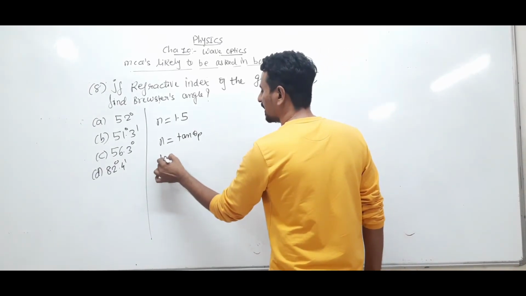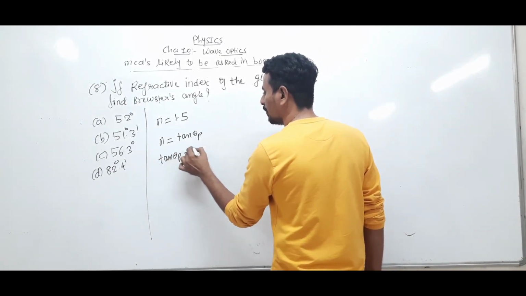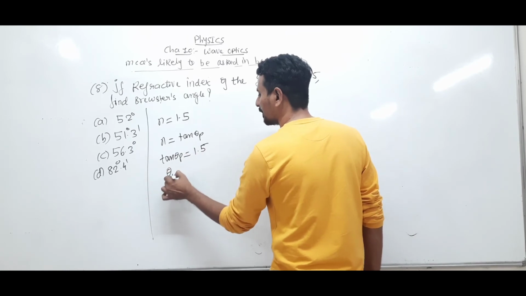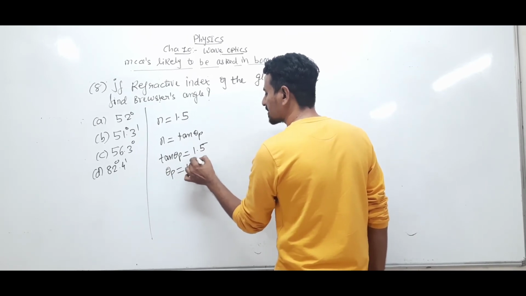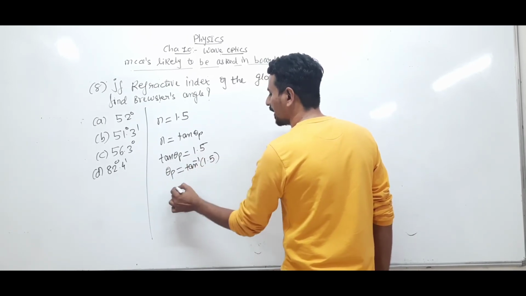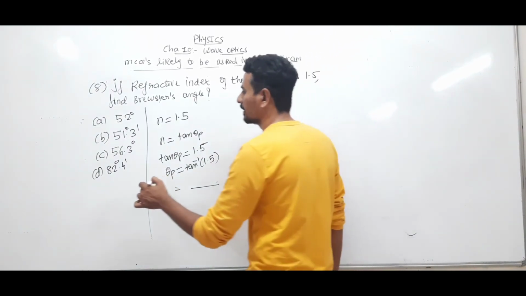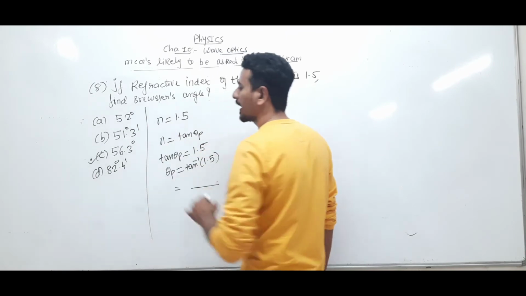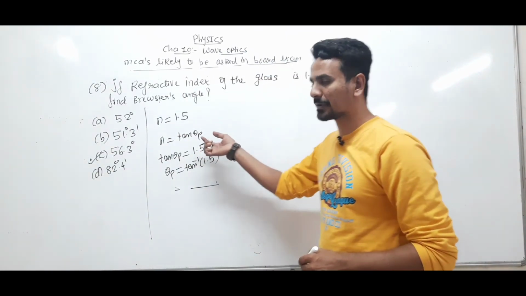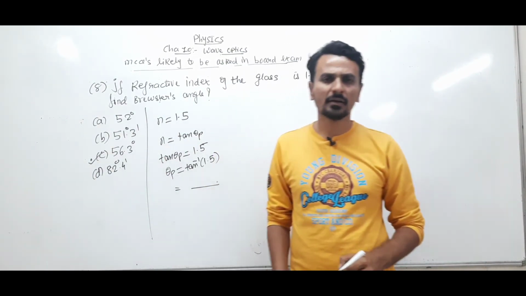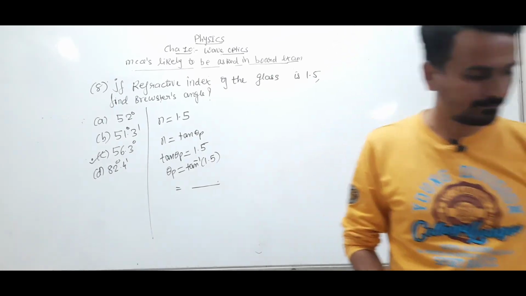So tan theta p is equal to 1.5, so theta p will be tan inverse 1.5, which is nearly 56.3 degrees. So C is your correct option. You just have to substitute in this formula. Clear? Fine. The next one.